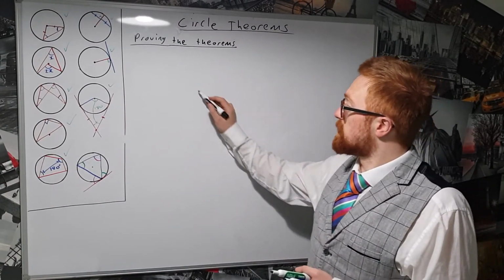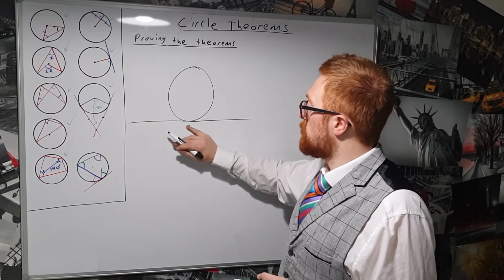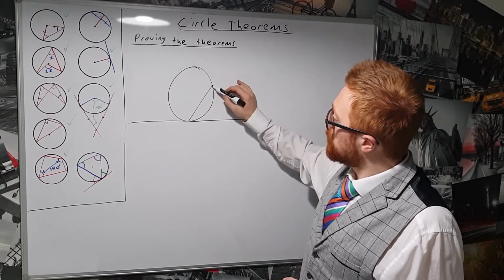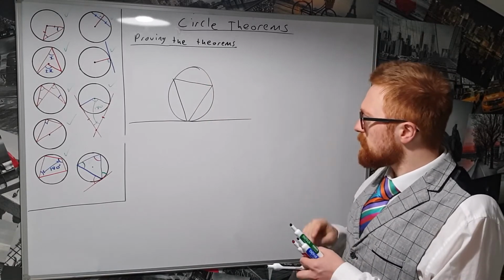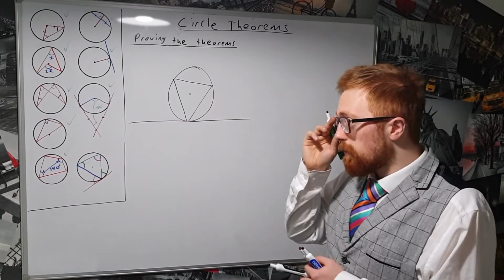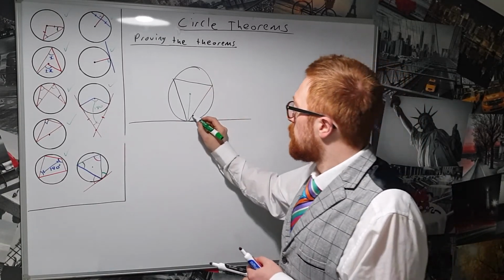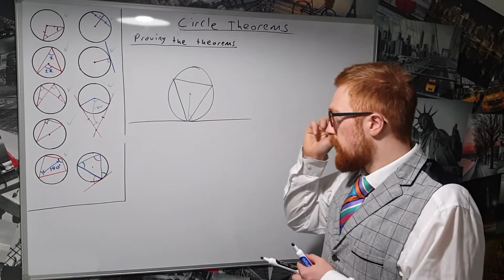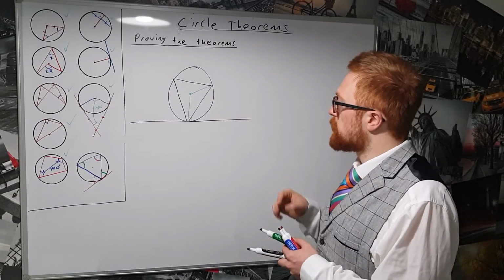And finally, onto the alternate segment theorem. The alternate segment theorem uses a few of our other theorems to prove, but we can do it. So what we will do is draw on the centre of our circle, as often we have to, and draw our perpendicular here. Of course, we know that that's 90 degrees, and we'll draw that on there too.